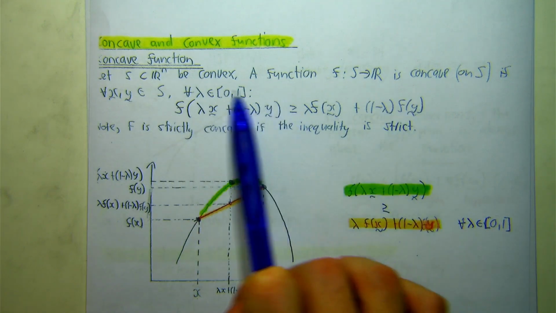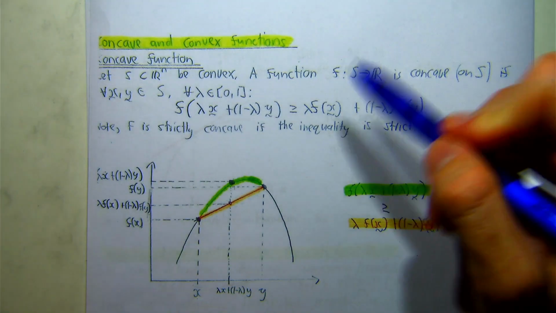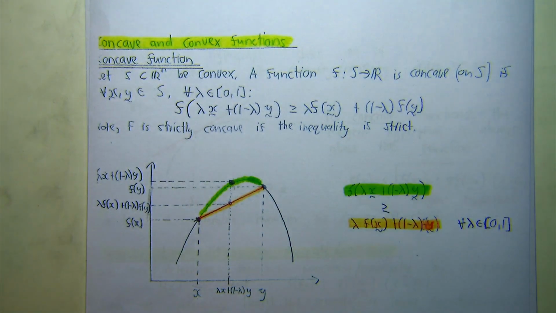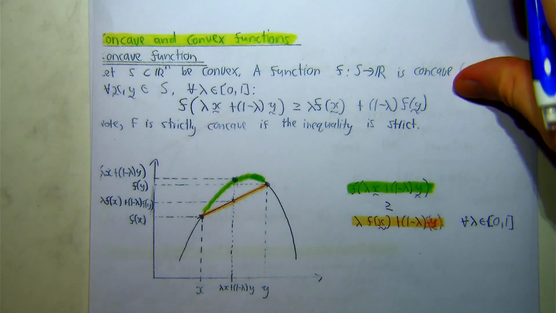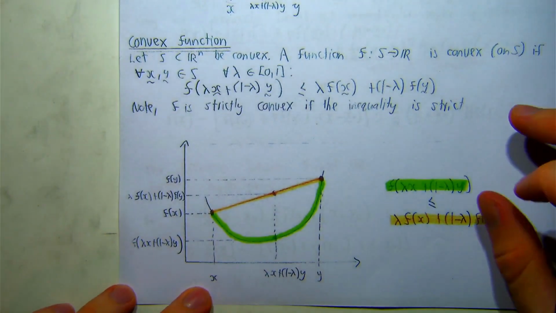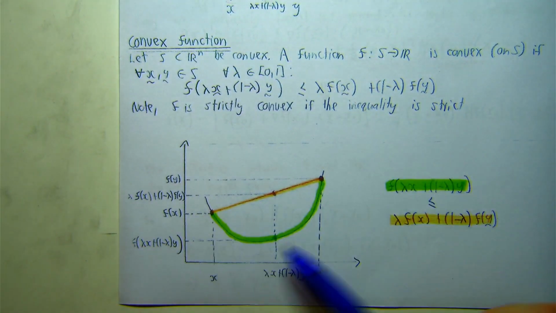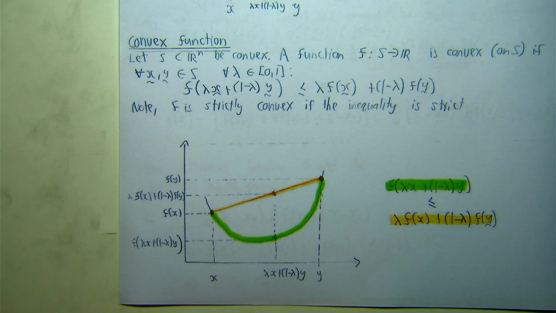And a function is convex if this inequality is flipped the other way around. That's pretty much it. So that's how we define concave and convex functions. If they follow this rule, then they will always have this shape of a cave or a smiley face, depending on if you're looking at concavity or convexity.